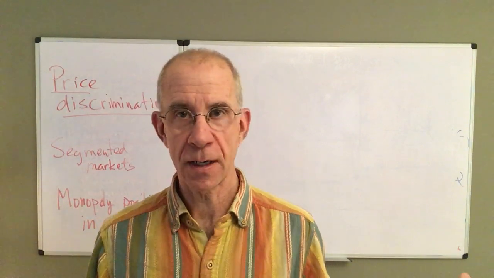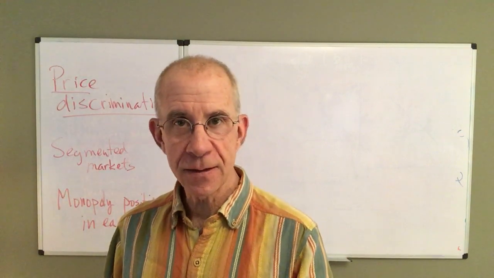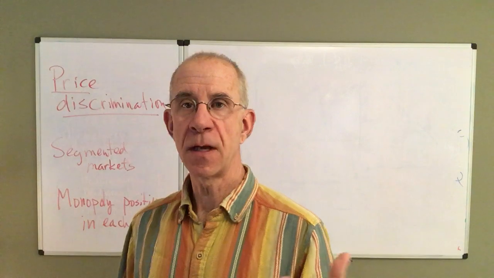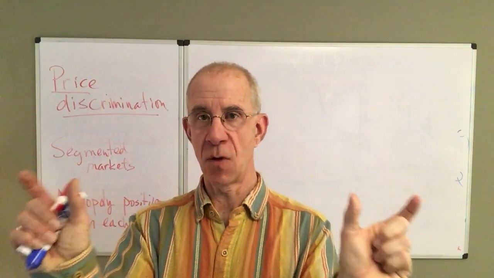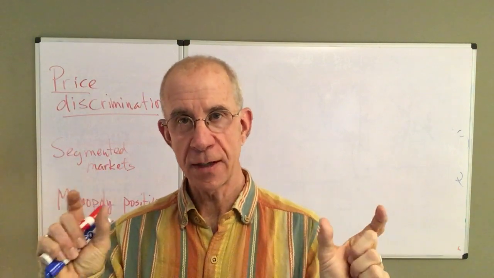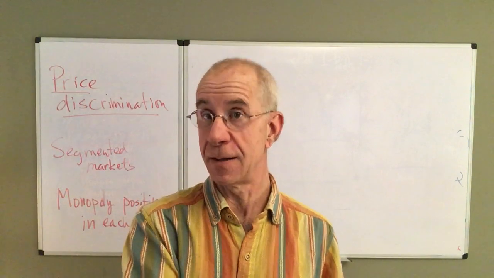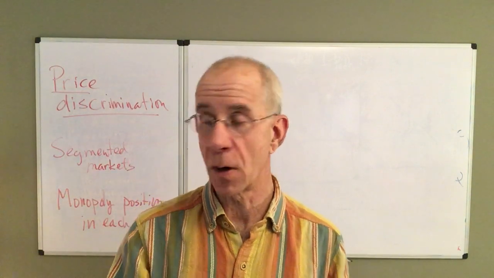Those are markets that are very distinct. The willingness to pay is very different. If a firm can separate these two markets, segment these markets, they'll have a strong incentive to charge a different price in different markets because the willingness to pay may vary across the markets.